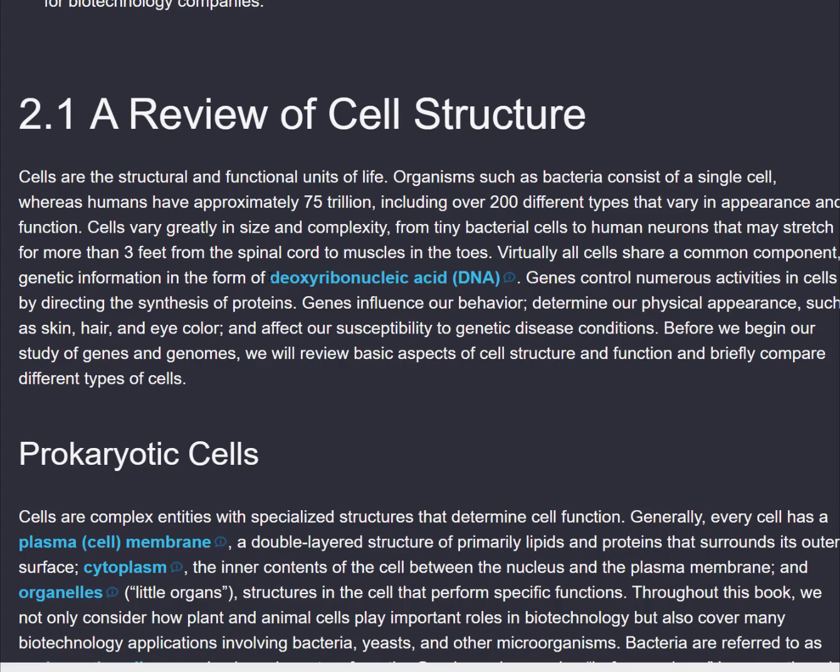In section 2.1 we have deoxyribonucleic acid, or DNA, and this is double-stranded nucleic acid consisting of bases, adenines, guanines, cytosines, thymines.